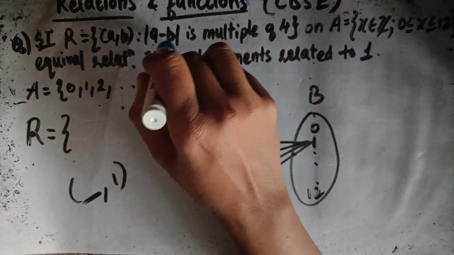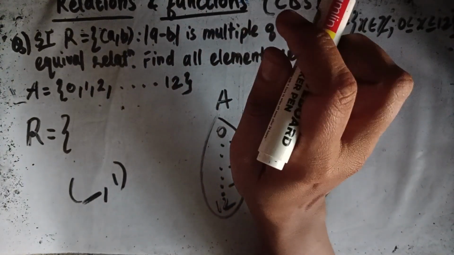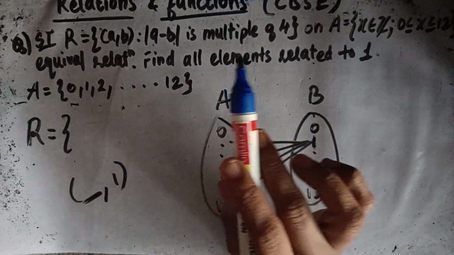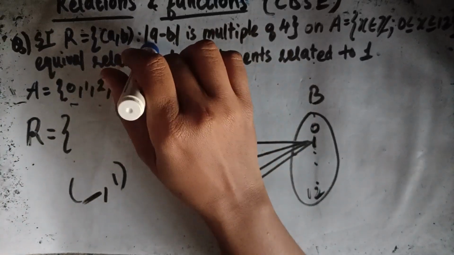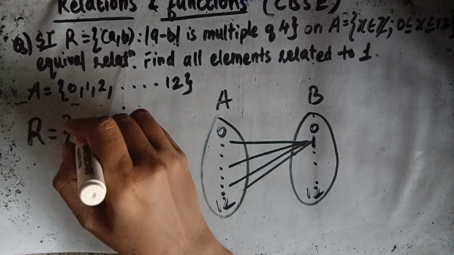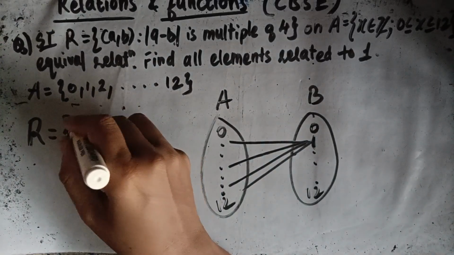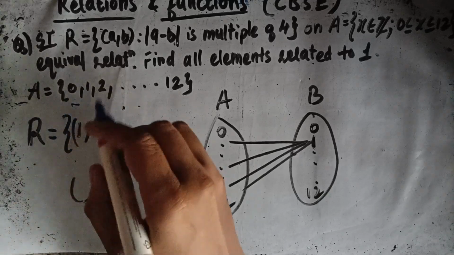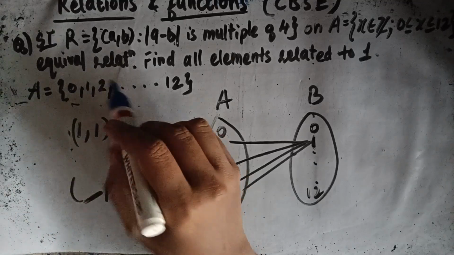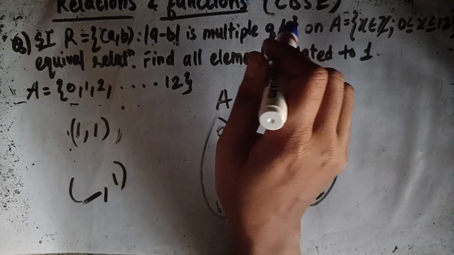So see, 0 minus 1 is minus 1, which in mod is 1. It is not a multiple of 4, so 0 we can't take. Take 1. 1 minus 1 is 0. It is a multiple of 4, so we can take (1, 1). I'll just write the elements. Then (2, 1): 2 minus 1 is 1, not a multiple of 4.